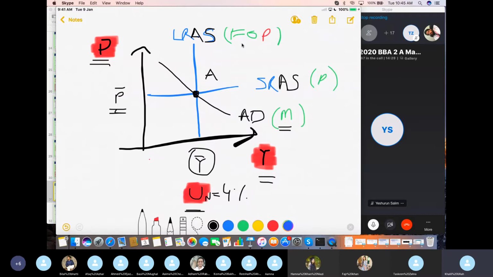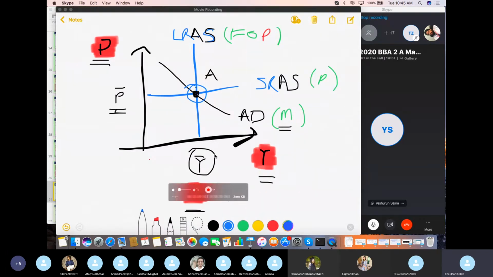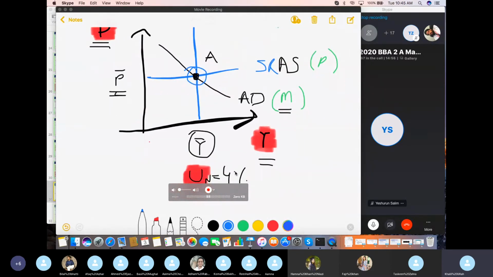And when this exogenous shock hits the economy, it moves your economy away from this equilibrium point A. At equilibrium point A, you have a short run and long run equilibrium. The economy is stable. Price levels are P bar, GDP is Y bar, unemployment is at its natural rate of UN, which is assumed to be 4%.